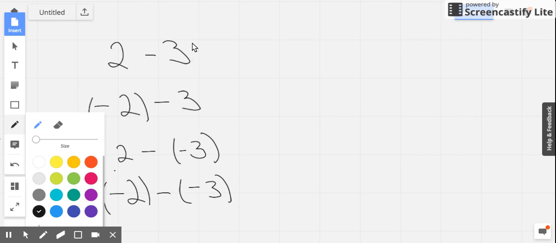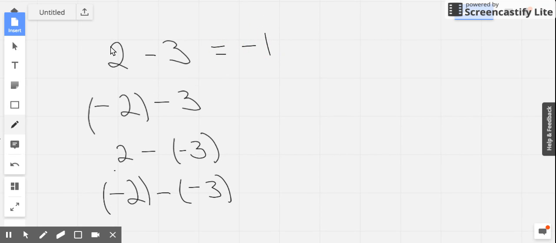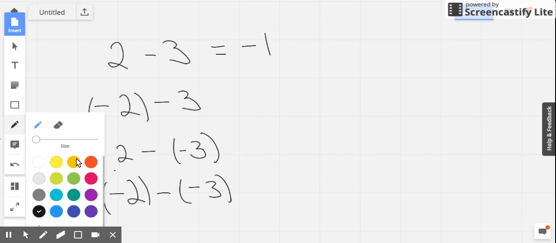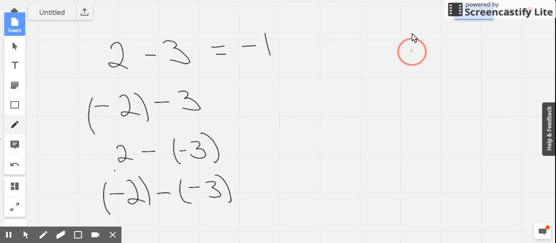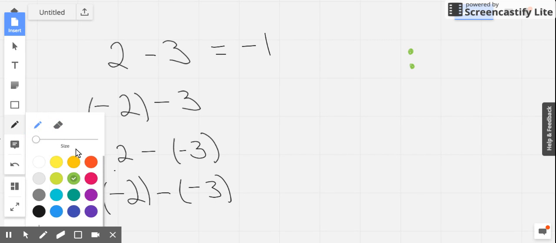Well, 2 minus 3, you may have been taught in the past early on in your math career that you can't take it away because you don't have enough. Well, we know now that there are integers and that this will result in a negative answer like negative 1. Another way of thinking about this is, okay, if I have two positives and I want to take away from that 3, well, I don't have 3 to take away, so what I'm going to need to include there is another 0 pair.